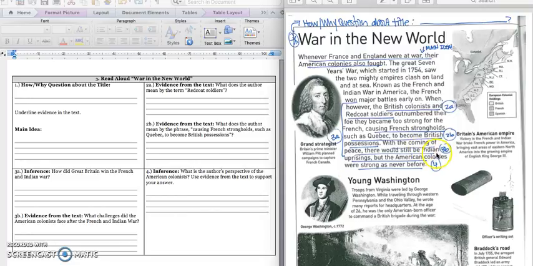So we know one challenge is that the American colonists still had conflicts with the Native Americans. In 3B, we would write, the American colonists still had to deal with conflicts with the Native Americans. Press pause to write down your answer and play when you're ready for box 4.